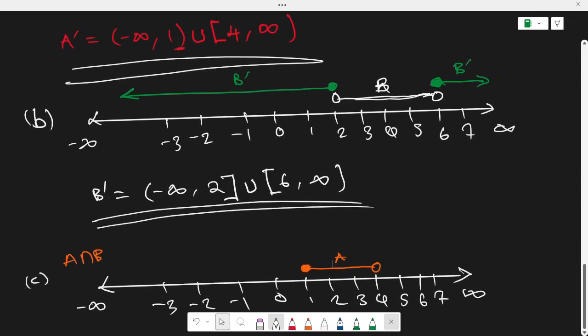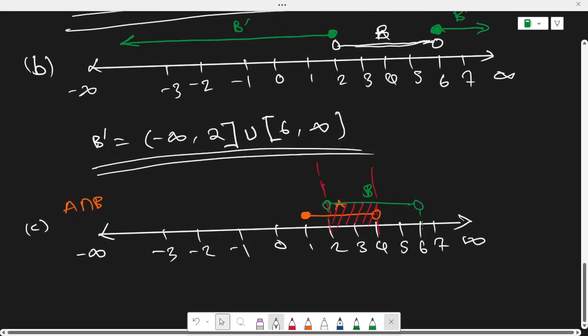And B on the number line is going to look like this. So this is B. Okay. So now to find where these two intersect, we can see that the part where they are intersecting is here. It's this part. This is where they're intersecting.